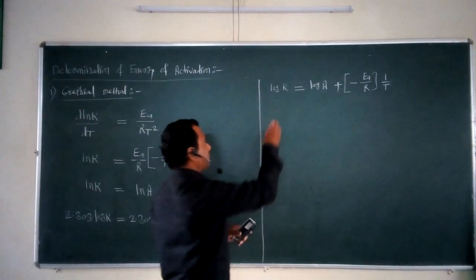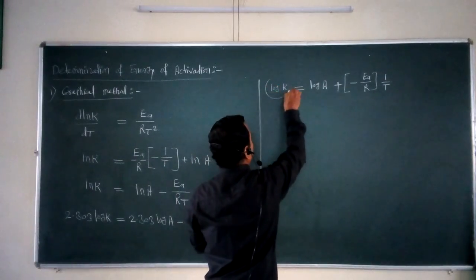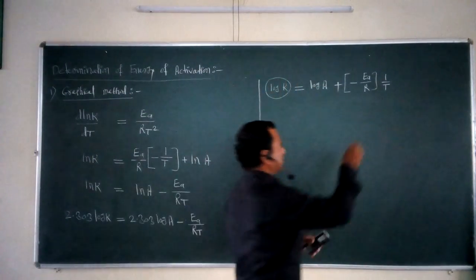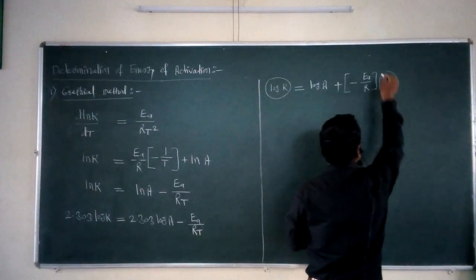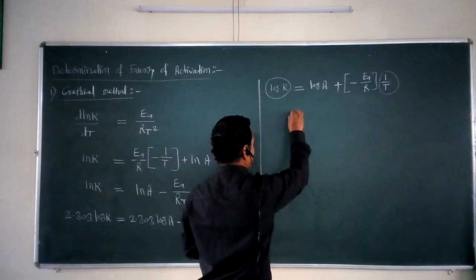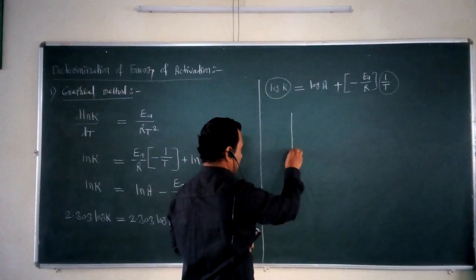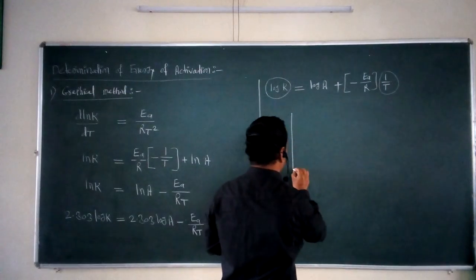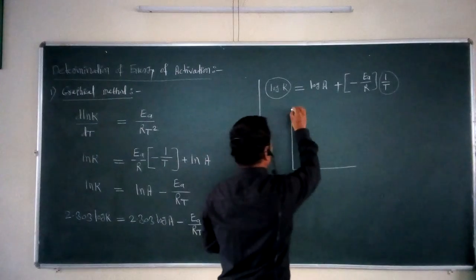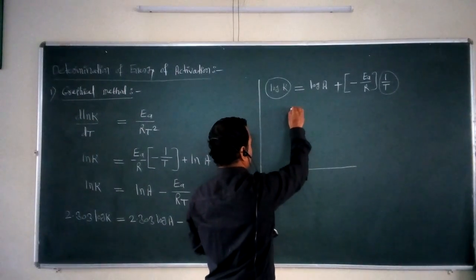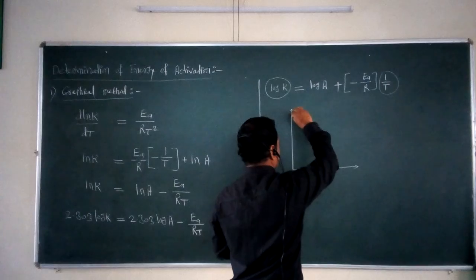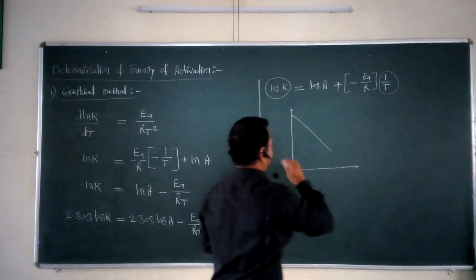We have to plot log k versus 1 upon T. If we plot a simple graph of log k versus 1 upon T, we get a straight line.